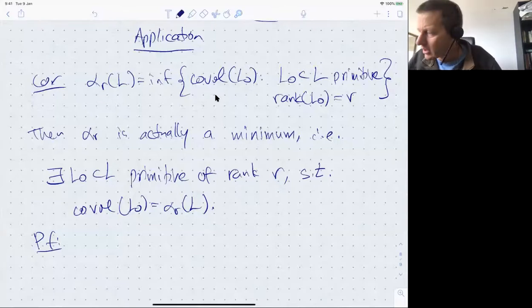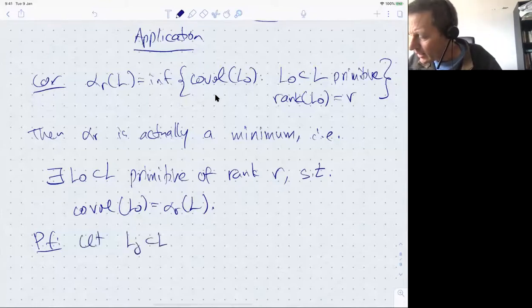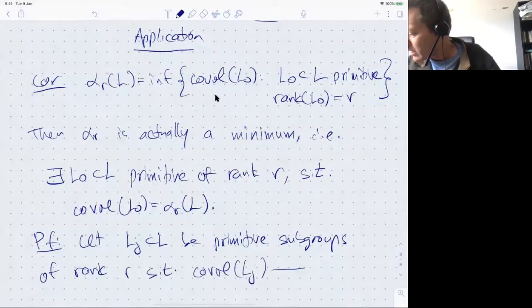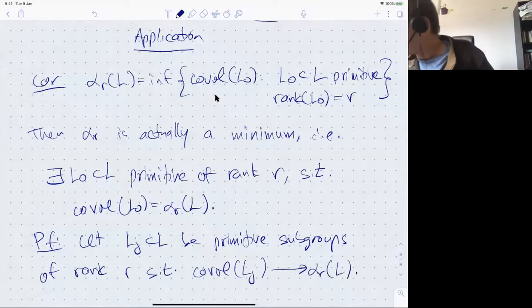So let Lj in L be primitive subgroups of rank R such that the co-volume of Lj converges to alpha R of L.